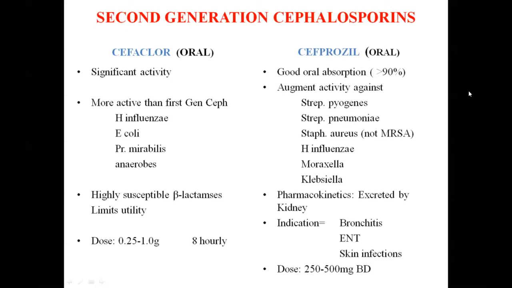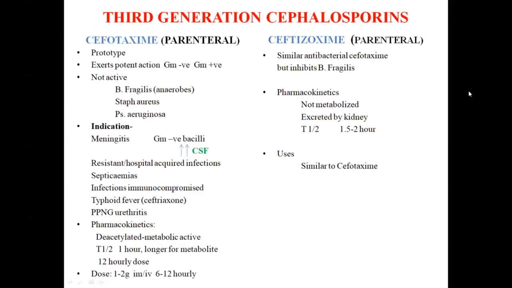It has good activity against Streptococcus pyogenes, Streptococcus pneumoniae, and Staphylococcus aureus, so some of the gram-positive organisms are taken care of, as well as certain gram-negatives like H. influenzae, Moraxella, and Klebsiella. It is excreted by the kidney, and the indications of cefprozil are certain ENT infections, bronchitis, and certain skin infections. These drugs are the oral second generation cephalosporins.